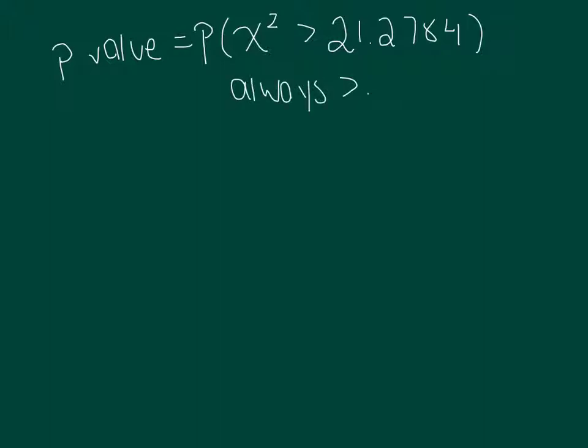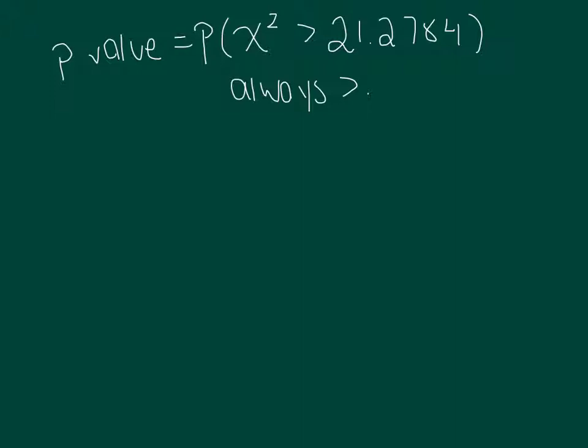There's no question of trying to do less than, it's always greater than. That should make sense because all the values you get will be positive, because you're squaring everything. Less than normally means negative, but everything for chi-squared will always be positive, so we're always going to do a greater than test, and that's exactly what the table shows.